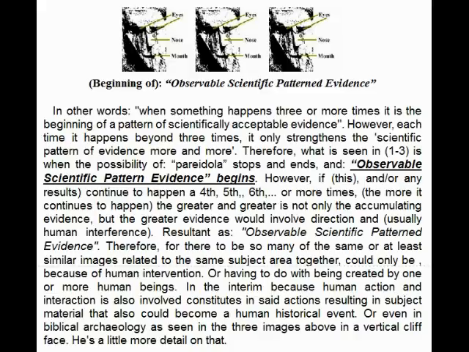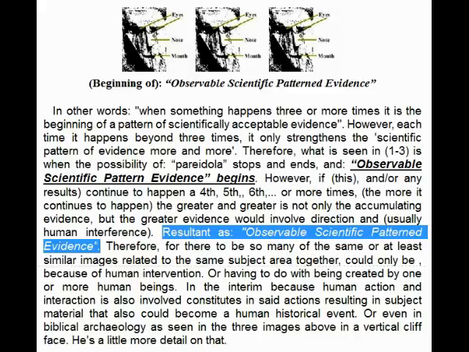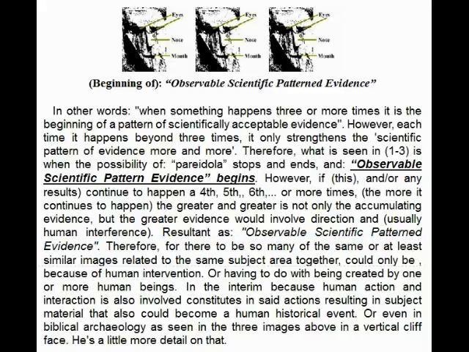So it stops being a possibility of random chance or coincidence. If this and any other results continue to happen a fourth, fifth, sixth, or more times, the evidence continues to be greater and greater, and it accumulates stronger and stronger.